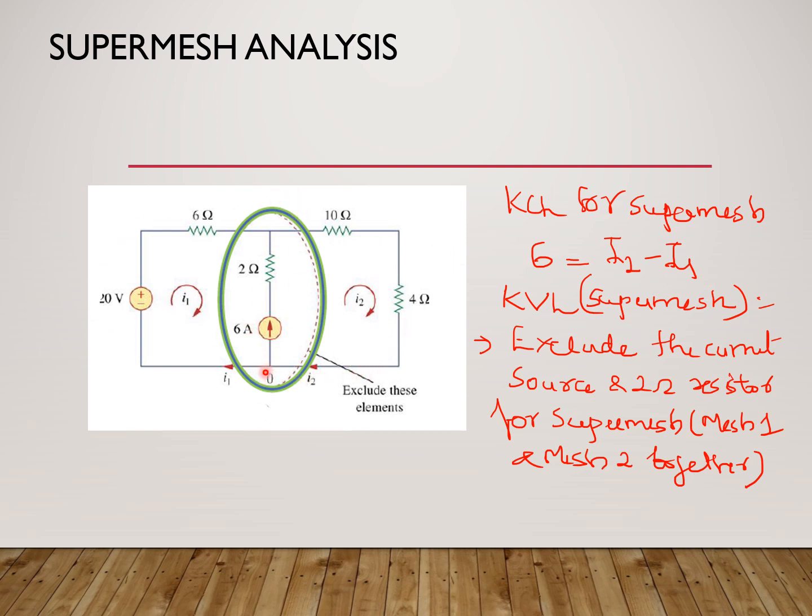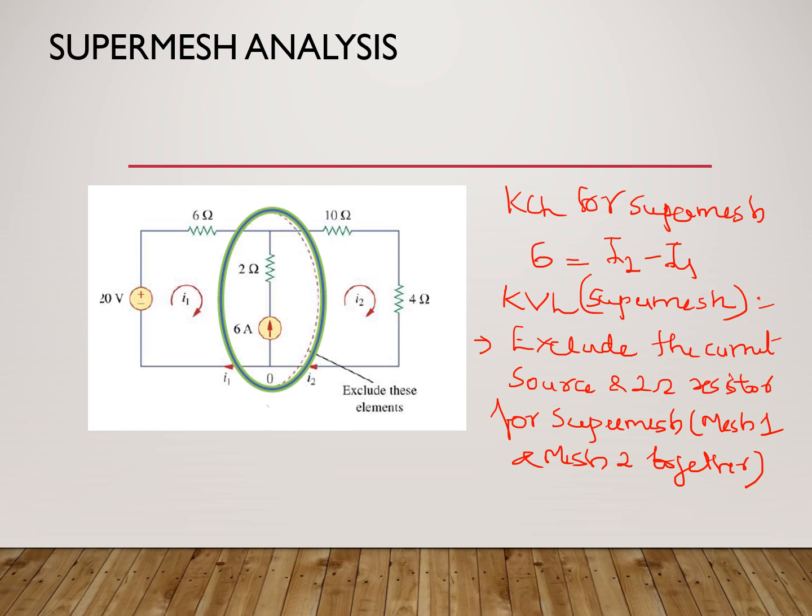By excluding this element, we go along this loop like this. So this is mesh 1, this is mesh 2, and we come back here. Now while writing this equation, see that you have just eliminated the branch here; the current through 6 ohm is I1, the current through 10 ohm and 4 ohm is I2 only, right? So we are going along the loop writing the currents in terms of the mesh currents.